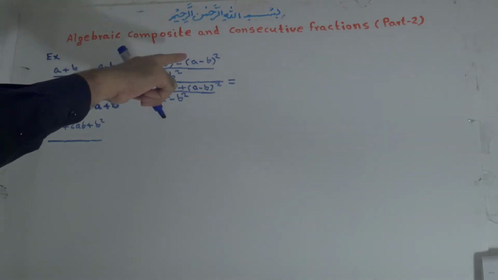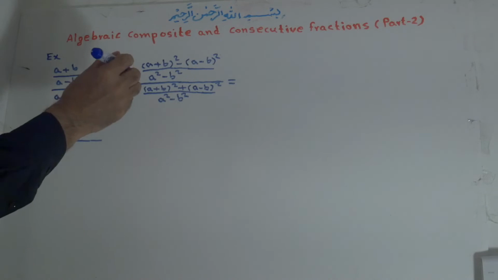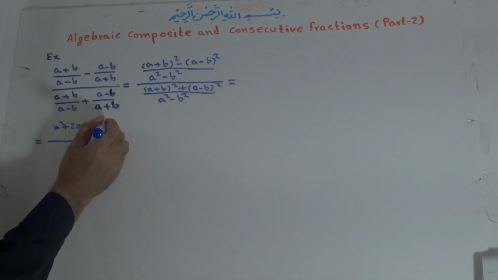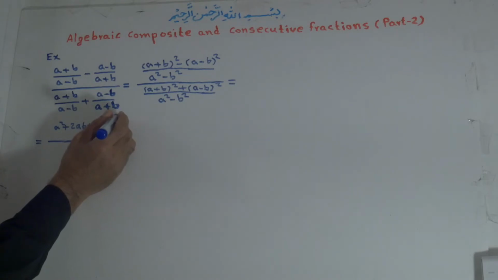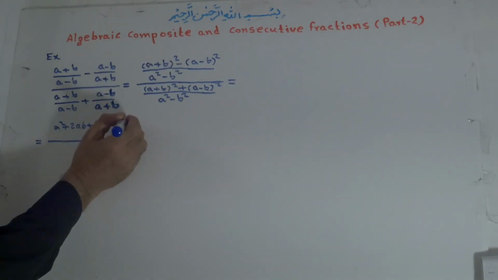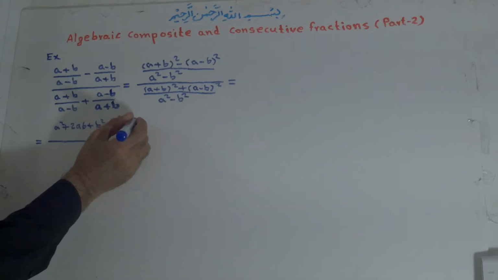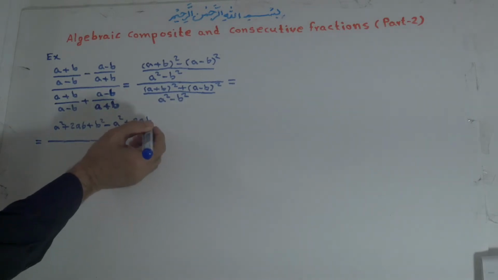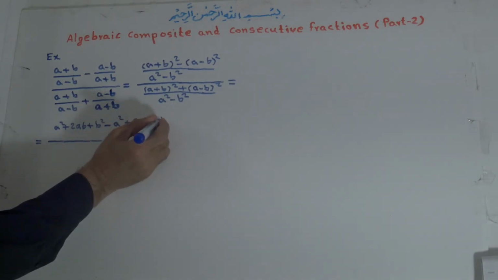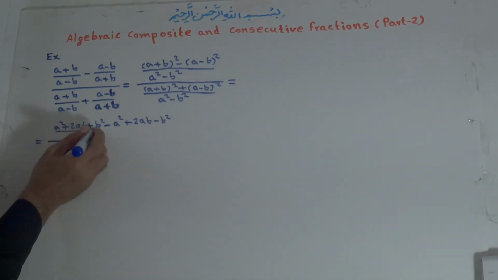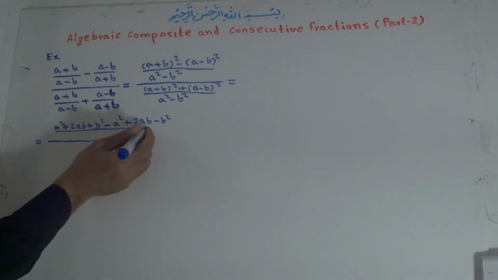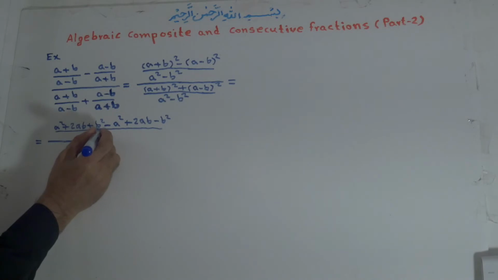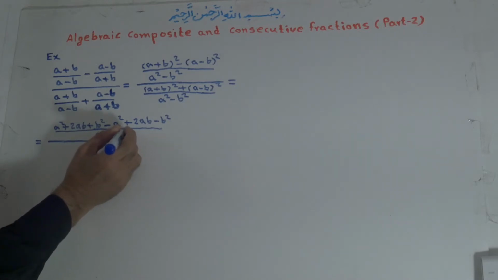We multiply the negative with all of those terms, so that is equal to minus a to the power of 2, and the second one, negative sign negative, is positive 2ab, and negative b to the power of 2, over a to the power of 2 minus b to the power of 2.